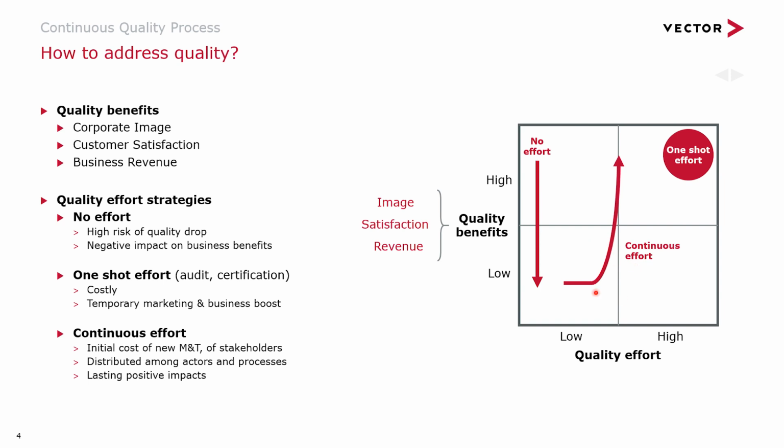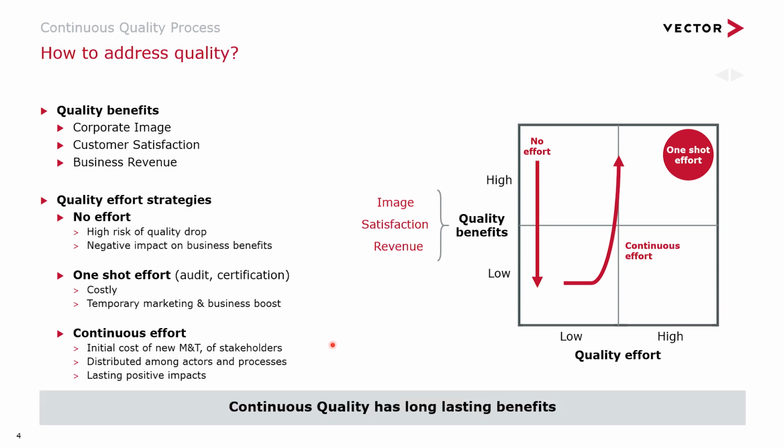But once this is done, well, the benefits are really clear, and not only are the stakeholders going to know what they have to do and produce, but also the quality level will raise when the process is in place. So continuous quality has long-lasting benefits.